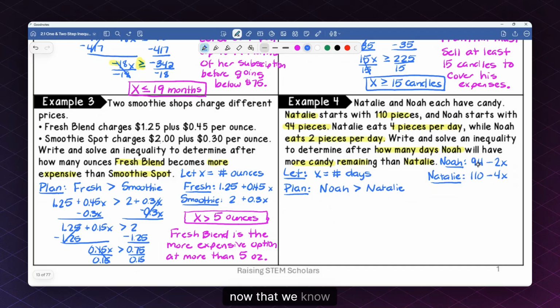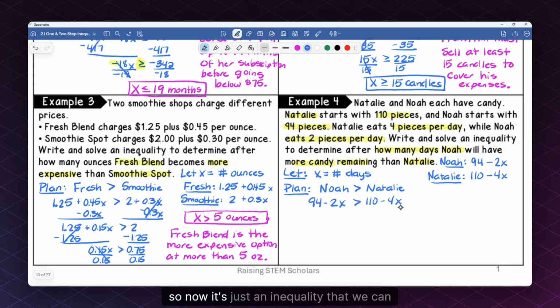Okay, now that we know our 2 halves of our inequality, we can plug it in here to our plan. So I'm going to write Noah on my left, and Noah is 94 minus 2x. And that's greater than Natalie, and this is my plan for Natalie, 110 pieces of candy minus 4x.